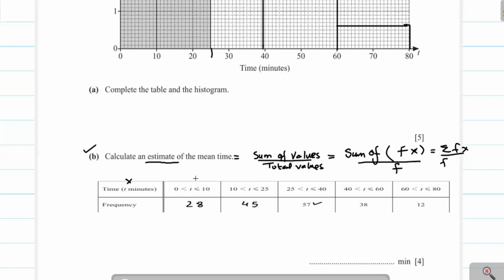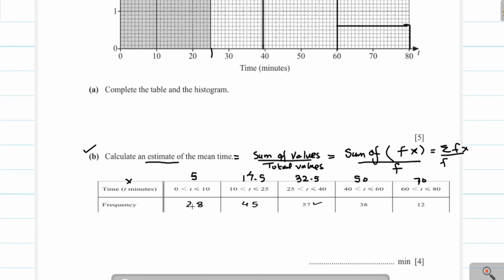Firstly, we write the middle values. For the interval 0 to 10 the middle is 5, for 10 to 25 the middle value will be 17.5, for 25 to 40 the middle value will be 32.5, for 40 to 60 the middle value will be 50, and this is 70.